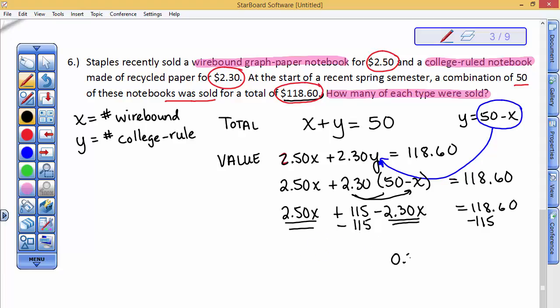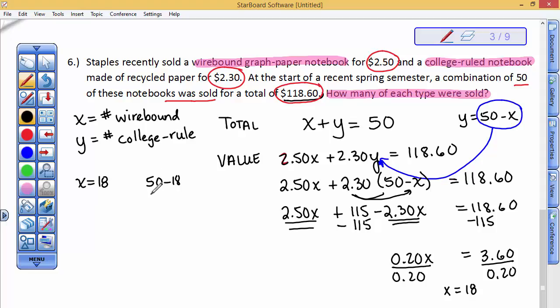And when you divide both sides by 20 cents, 0.20, you're going to get that X is equal to 18 wire-bound notebooks. So X is equal to 18. From there, I'm just going to take 50 minus 18 and find out that Y is equal to 32, because I need these two to add up to 50.